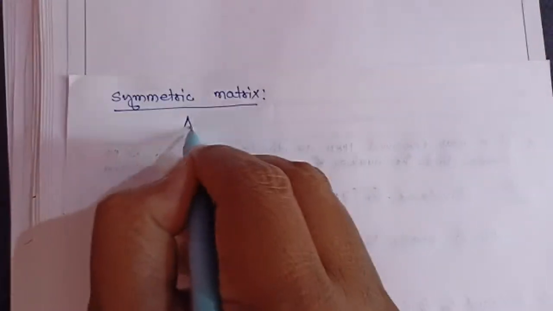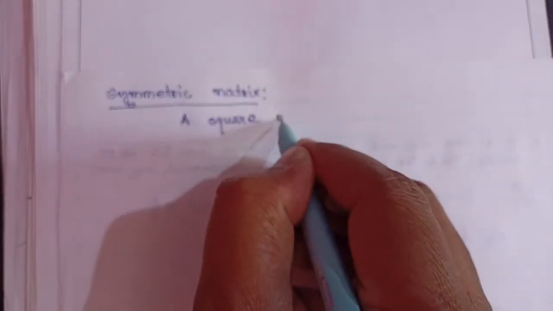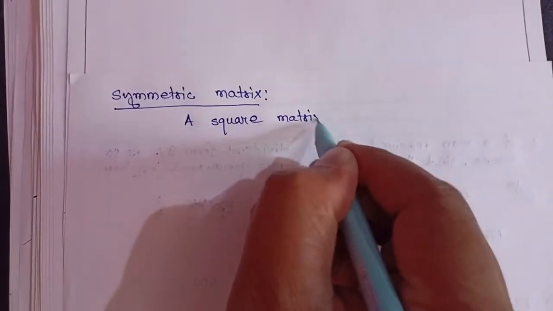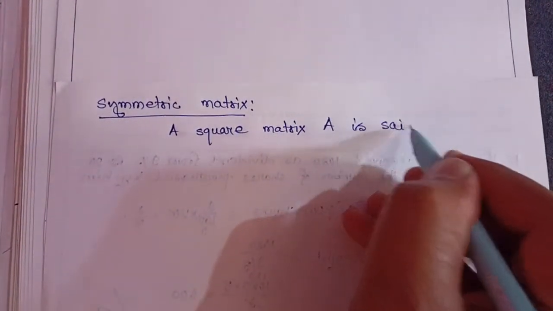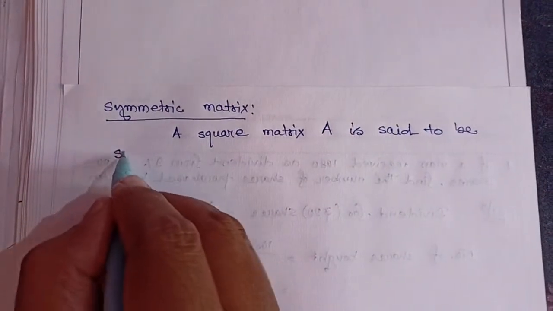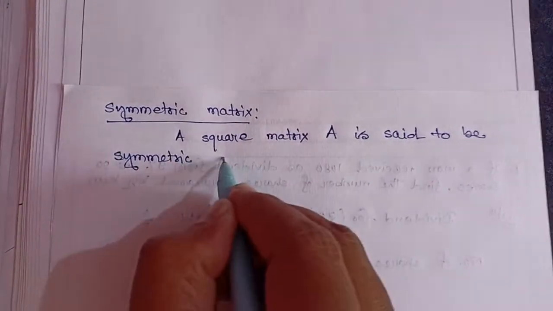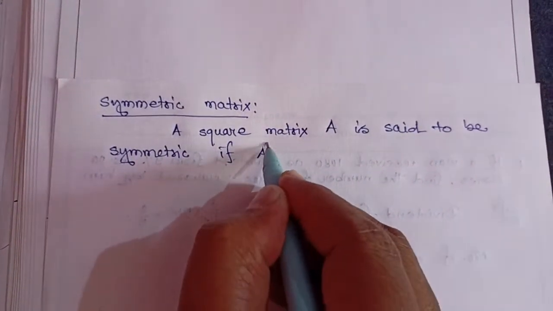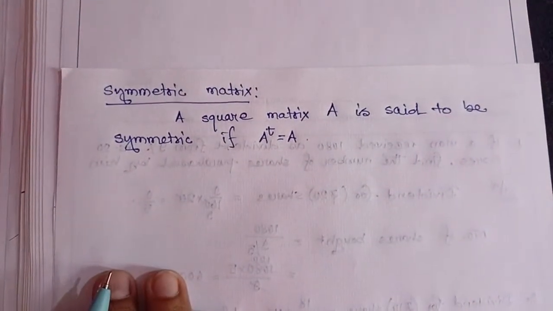So a square matrix capital A is said to be symmetric if after taking its transpose we get back the same matrix. So A transpose equals A. This would be the definition.